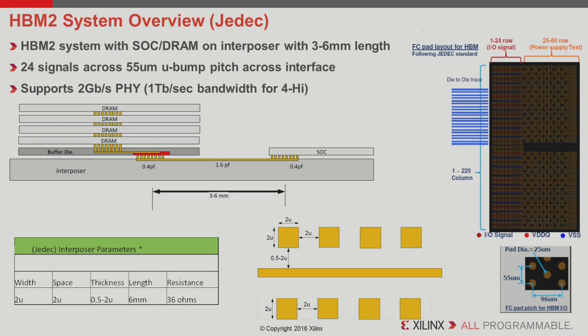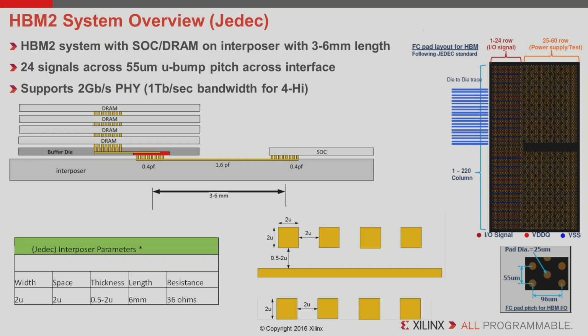So going to the design aspects here, this is a layout of the bump features on an HPM. You have the PHY region here, and the power delivery to the HPM. Each channel here supports 220 signals, and there are 8 channels, which means you are looking at about 1760 wires to interconnect the SoC to the HPM.